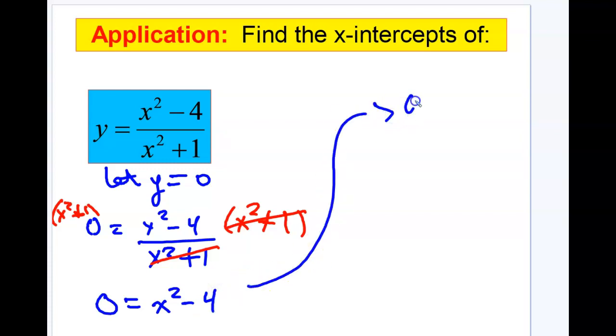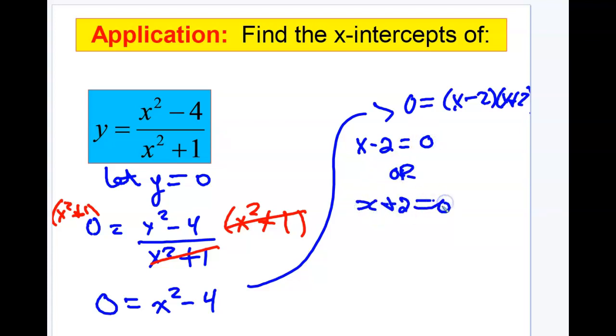Taking it up here, I can factor to get x minus 2 and x plus 2. So therefore, I have two things multiplied equaling 0. So either x minus 2 equals 0 or x plus 2 equals 0. So my two solutions are either x is 2 or x is negative 2.